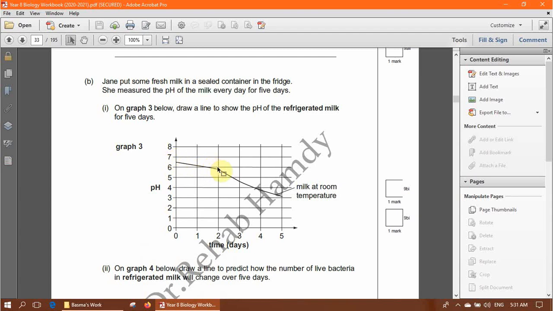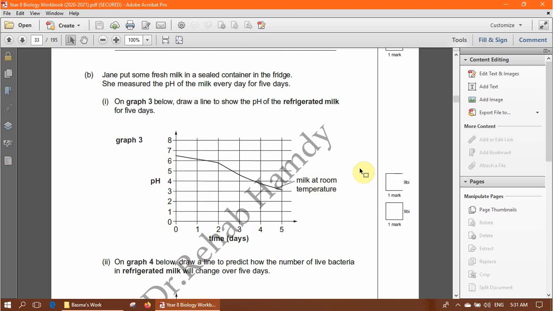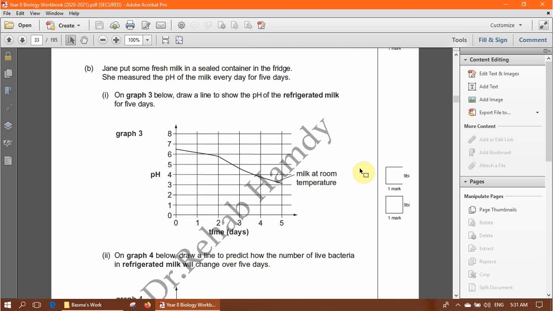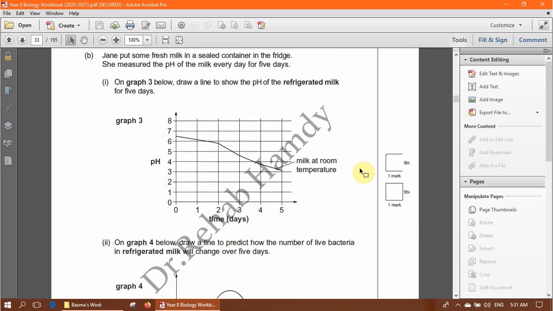I can make the line go like this, a straight line, and the ending of the line can be, for example, at pH 5 on day 5, just a straight line. But why did I make it slower? Why did the pH not decrease as before? Because it's in the refrigerator, so the bacteria reproduce very slowly and respire very slowly. Okay, they are quite inactive.